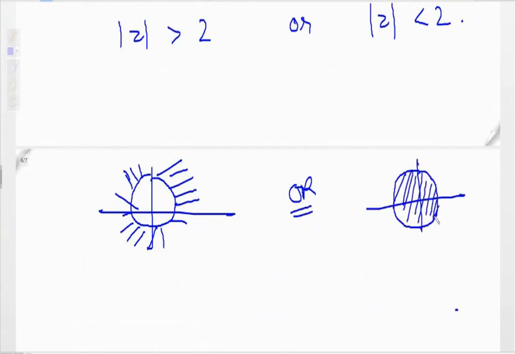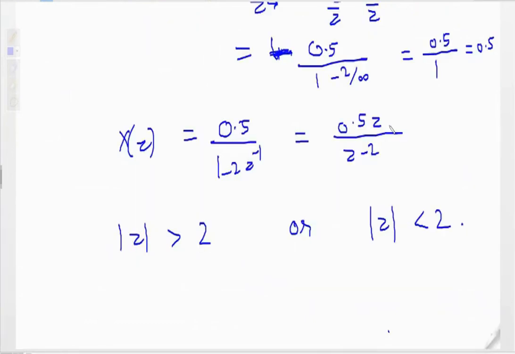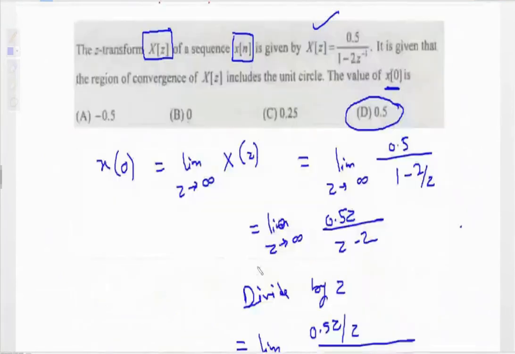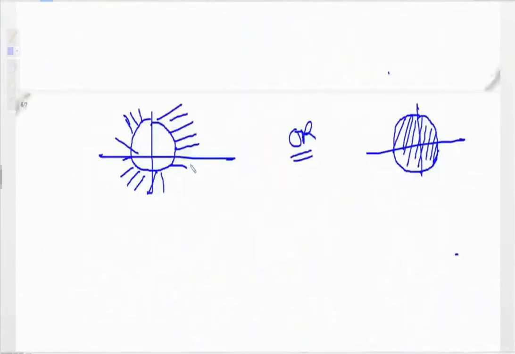Now see the question. It is given that the ROC of X of z includes the unit circle. So in which case does it include the unit circle? In case number 2, it includes the unit circle, because the unit circle is inside a circle of radius 2. The ROC is crossing the unit circle, it is including the unit circle.